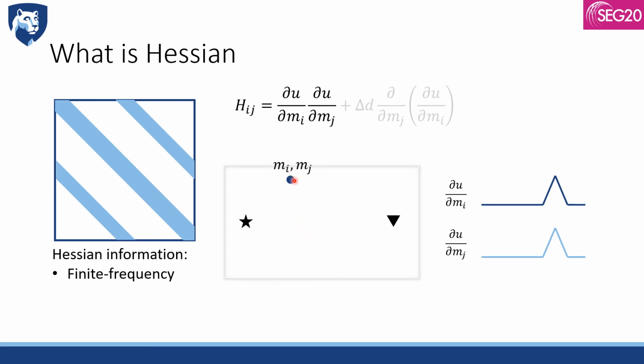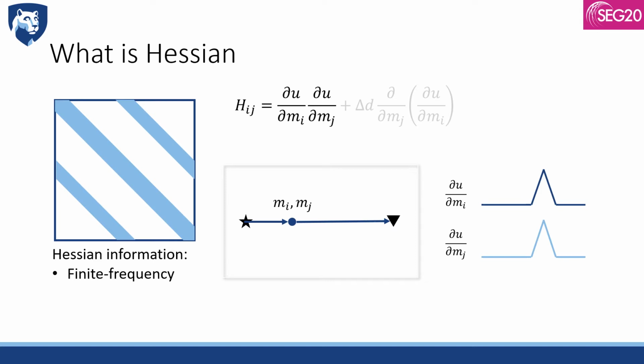If we move this point right here, on the trajectory between the source and the receiver, check out the waveform. And then the wave travels shorter. The arrival will be earlier.